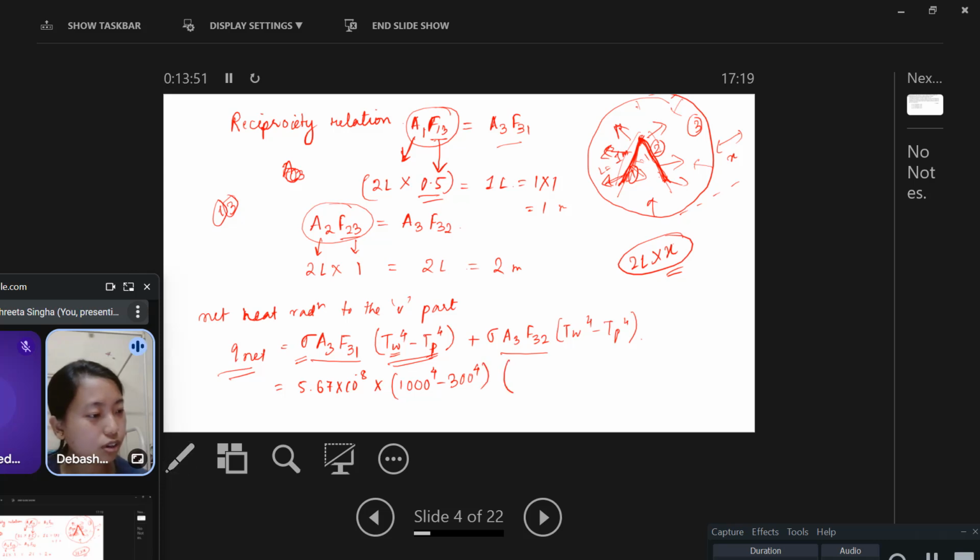And then we have calculated A3F31 is equal to A1F13, which is equal to 1, and A3F32 is A2F23, which is 2.